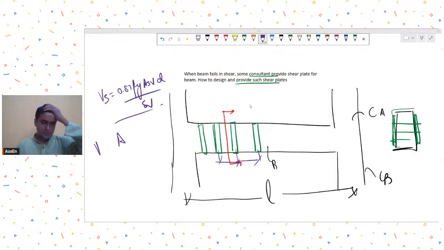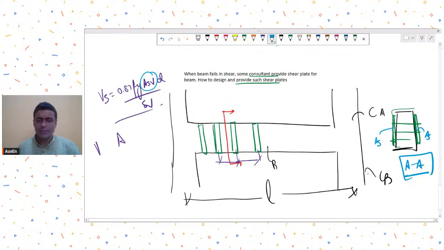Now this is what we did. I am not saying how correct the methodology was, but I think it was a decent calculation. We continued to take the same formula, and the A_sv that we took was the combined cross-sectional area of these two plates, because the plates will be on either side.